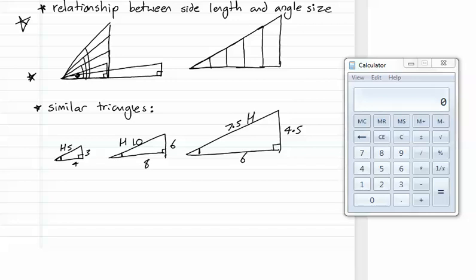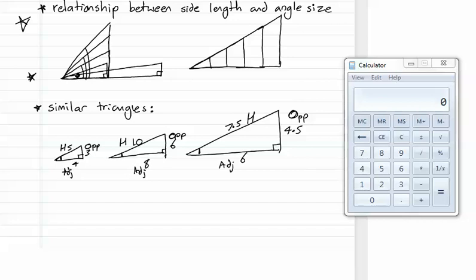Once you've got the hypotenuse, label the opposite, opposite the angle that we care about, in all three triangles. We can label it opposite if we're starting to get confused. And the adjacent, next to the angle that we care about in all three triangles.